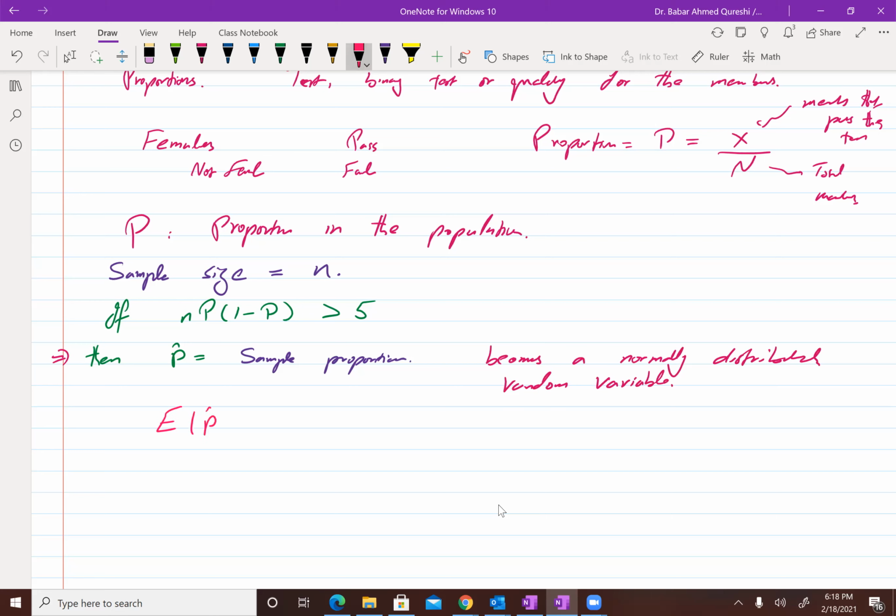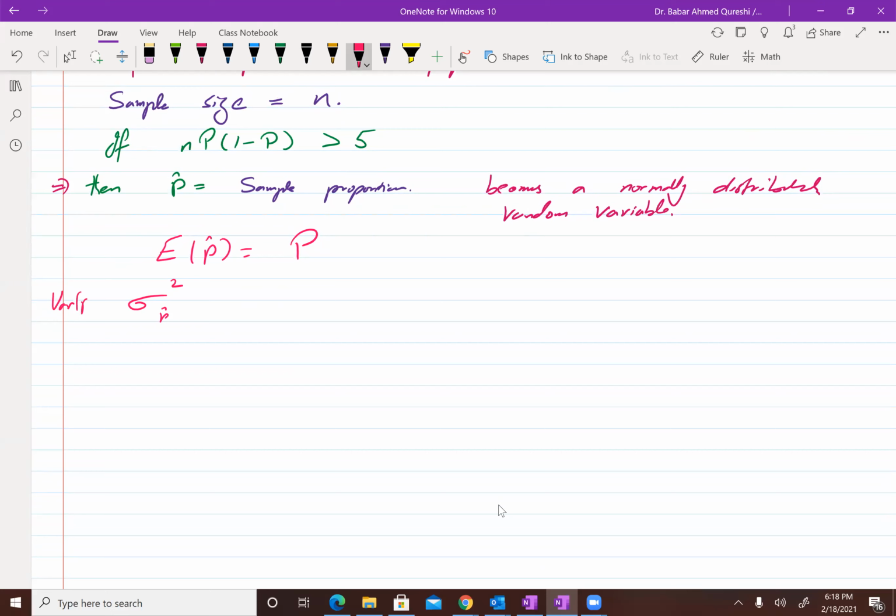So it's an unbiased statistic because its mean is equal to the population proportion. And its variance, which is just the square of the standard deviation, or standard deviation, is this.